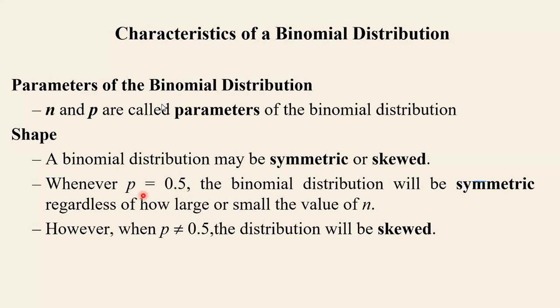If both outcomes are equally likely, then the binomial distribution is symmetrical. But when p is not equal to 0.5, the distribution will be skewed. If p is greater than 0.5, I think it is left skewed, otherwise it is right skewed.